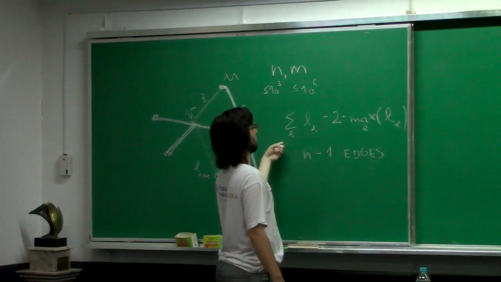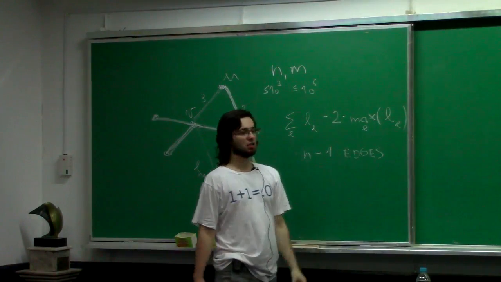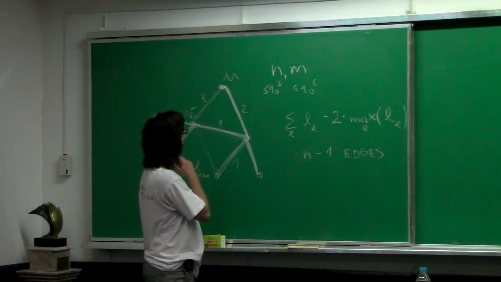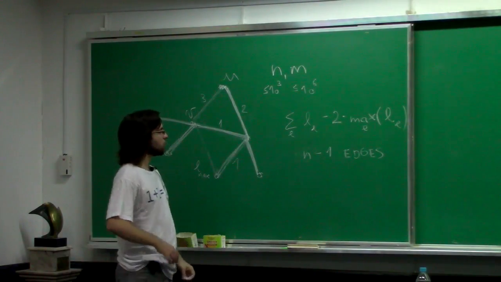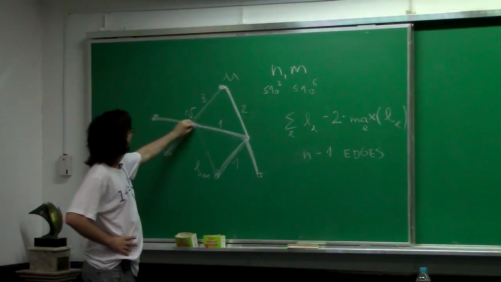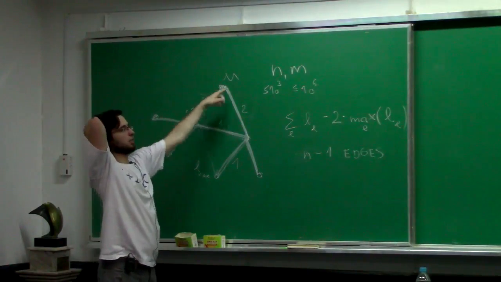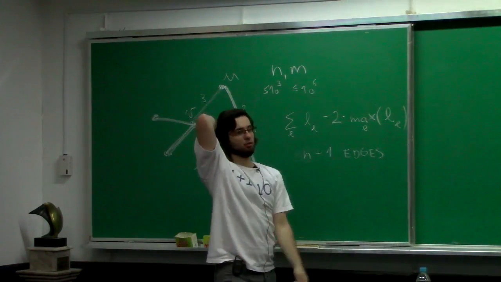It would be this sum of lengths minus 1 times the maximum, if it was the optimal spanning tree in the end, and then we again subtract the length of this edge because it's minus the new maximum.